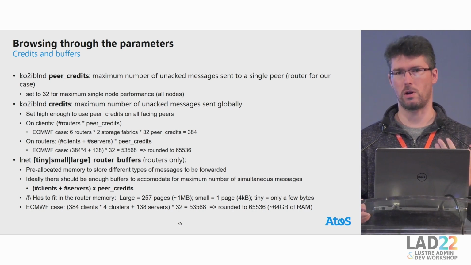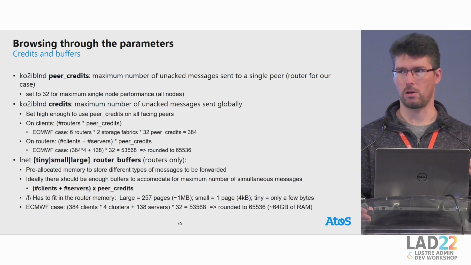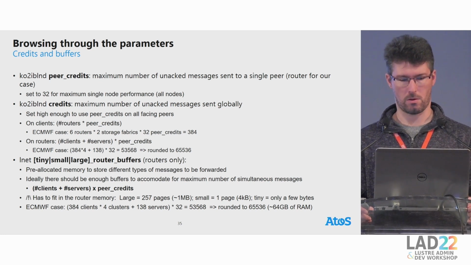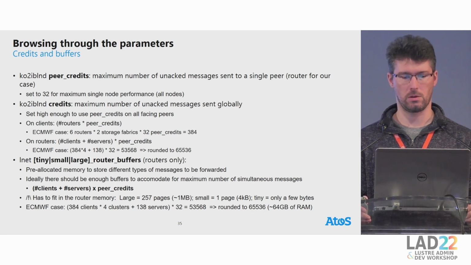So this is 12 in total for each client, multiplied by the number of peer credits. That means you can address up to 384 messages at once for any single client.